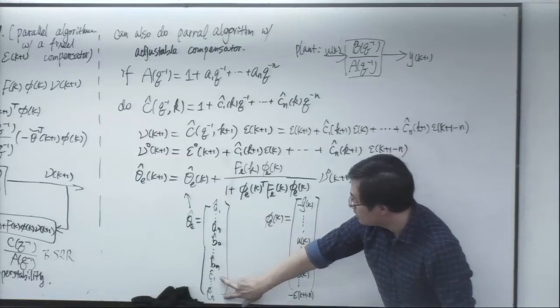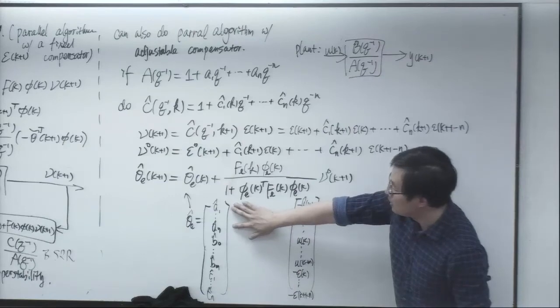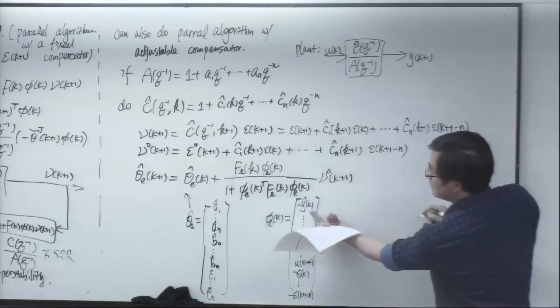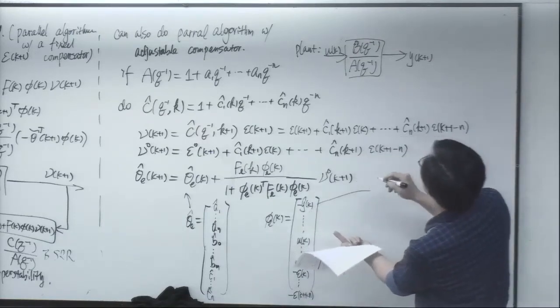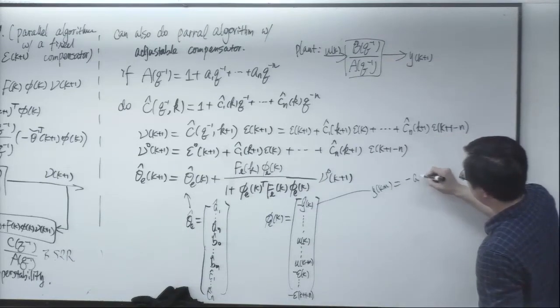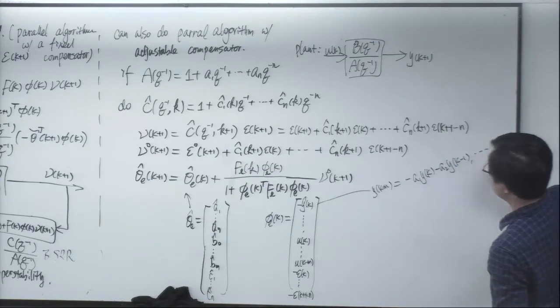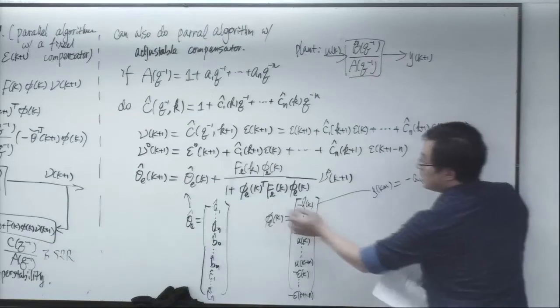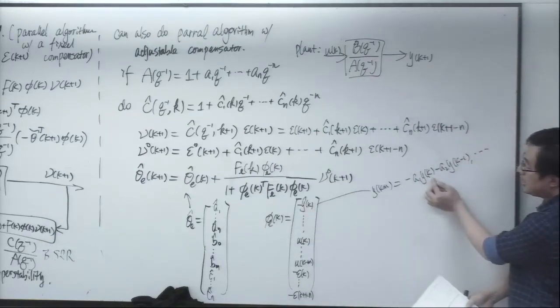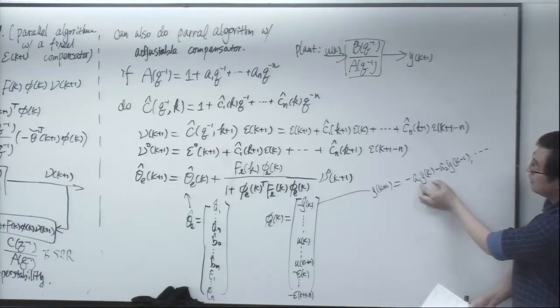So we have n C hat that appear because we have A1 to An over here. In the regressor vector, this appears because we have yk plus 1 equal to negative A1 yk minus A2 yk minus 1, etc. So the corresponding regressor vector is the data that is appearing at the same location as Ai, the variables.